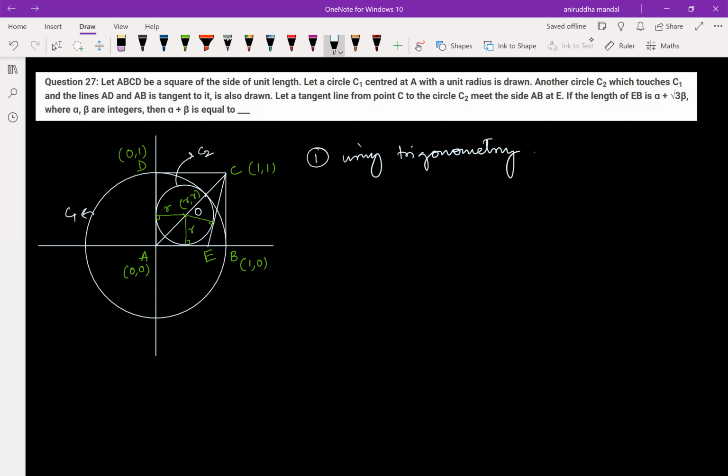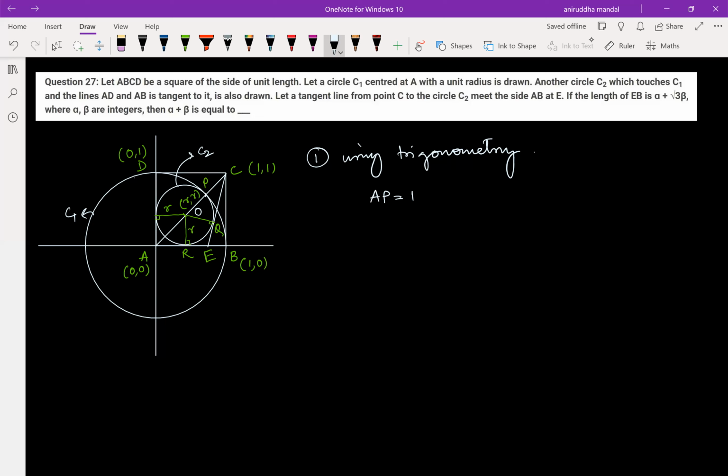Let's say the radius of the smaller circle C2 is r. So the center O is (r, r). Let's say this is P, this is Q, and this is R. Now let AP be the radius of the circle, so AP is 1.